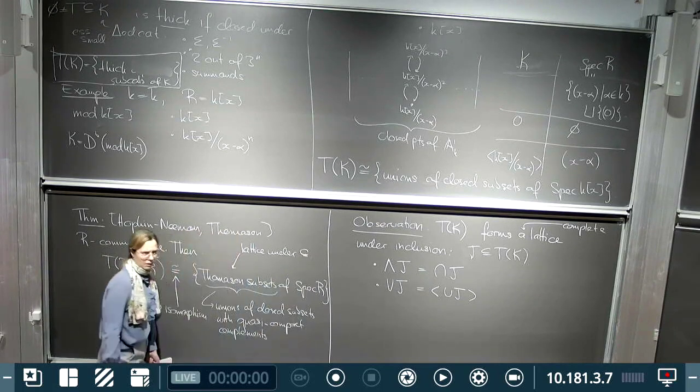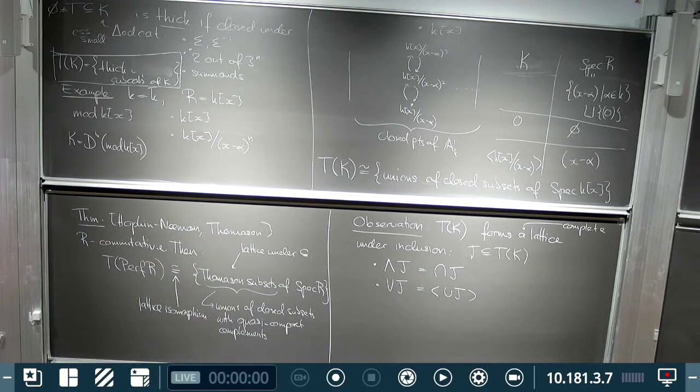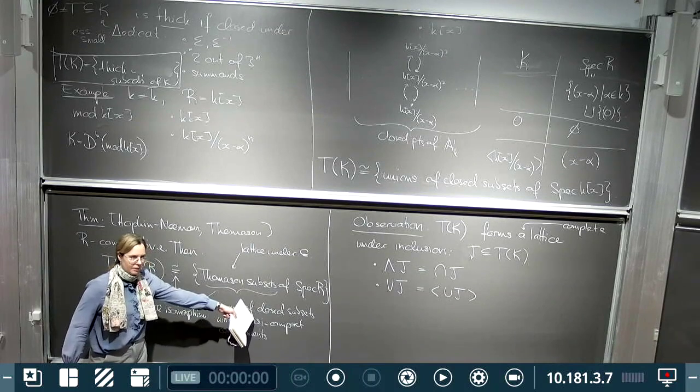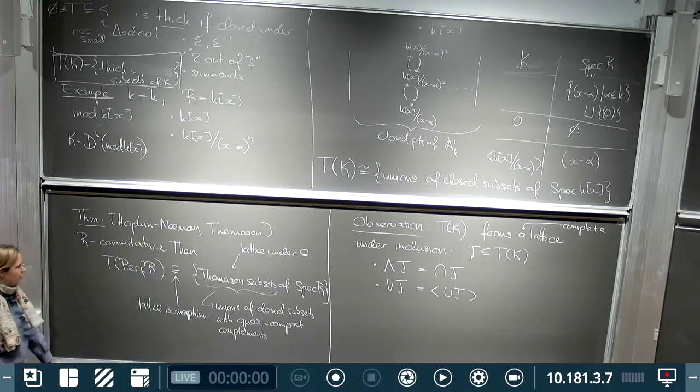Right. So. It's covariant. Sorry? It's covariant. The orders are the same or reversed. No, this is really under inclusion here. So you look at the inclusion of the Thomason subsets. Not reversed inclusion.